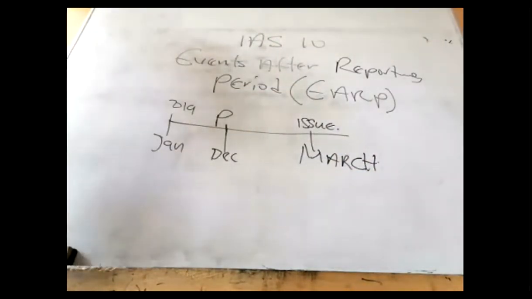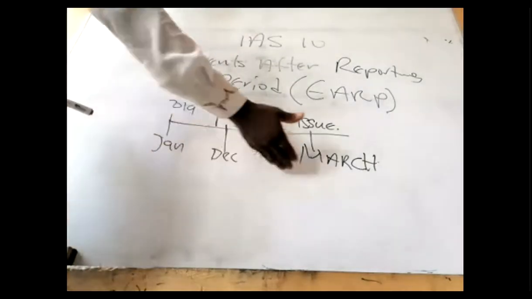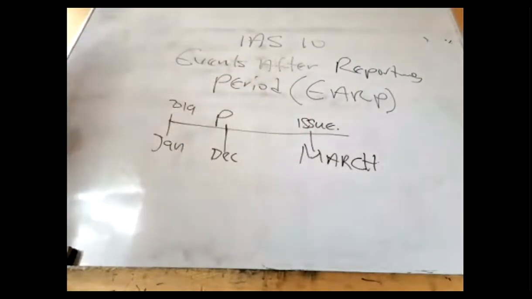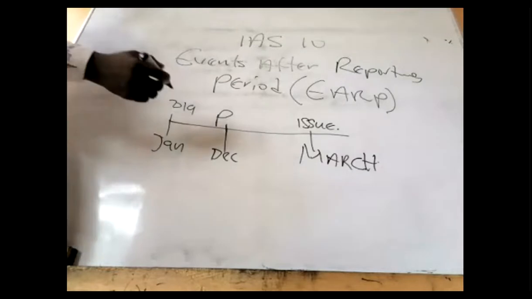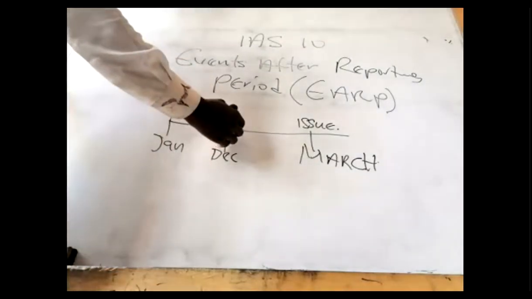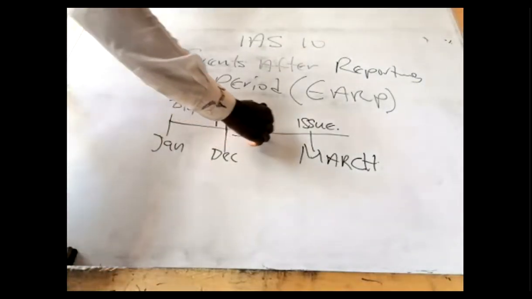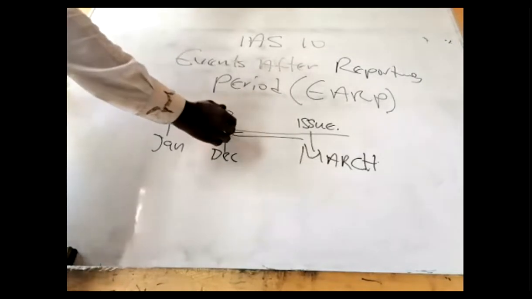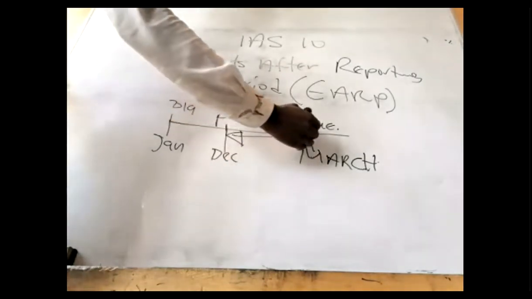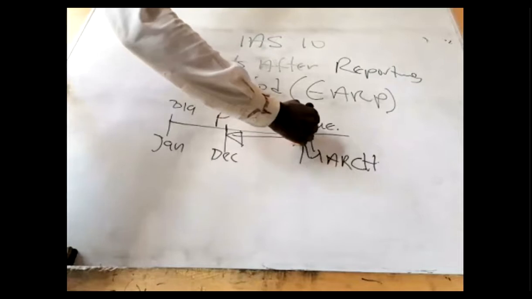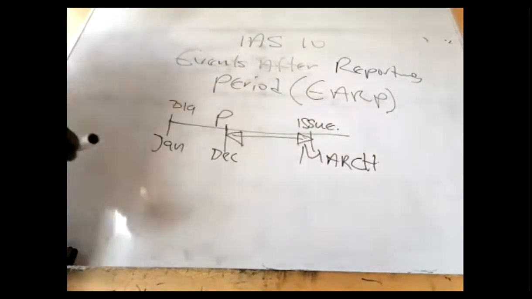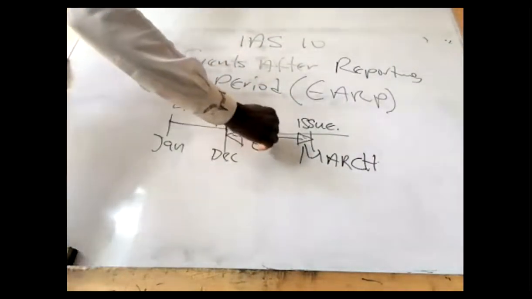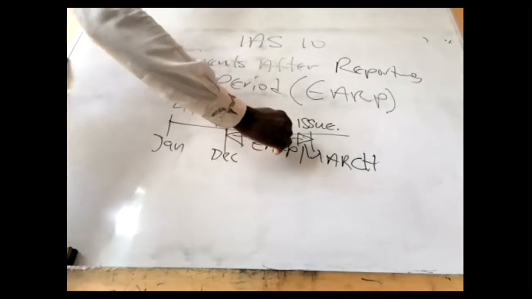Now the question is, between December and March, transactions and events, how do you treat them? Transactions that normally take place between the preparation date and the publishing date are what we refer to as events after the reporting period.